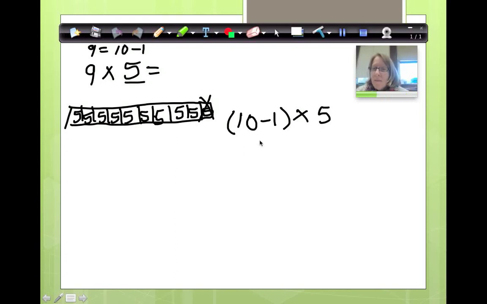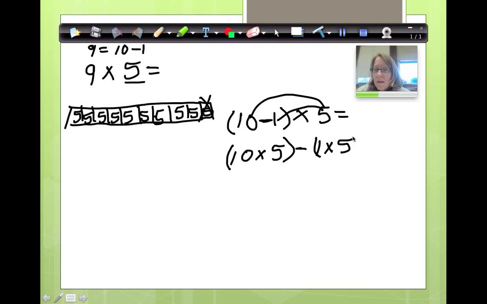Okay, the distributive property says you have to give one to each person or give one to each number. Right? So my cookies are 5 this time. I'm going to give it to the 10. 10 times 5. And then will I be adding or subtracting? I'm going to subtract because it's right here. Now I gave it to the 10. Now I need to give it to the 1.